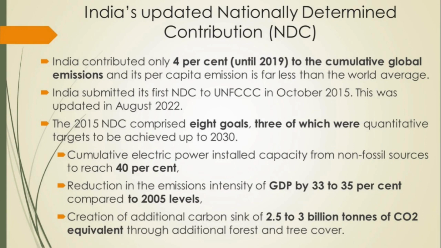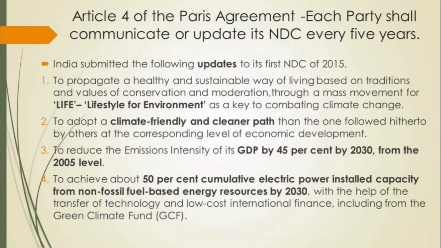Carbon sink means simply we will grow more forest. The trees do photosynthesis, and in that process they absorb carbon dioxide. In this way they store carbon dioxide in their bodies. So by growing more and more trees, how much carbon sink is going to be created? 2.5 to 3 billion tons. Okay, so these were the targets set up by India in 2015.